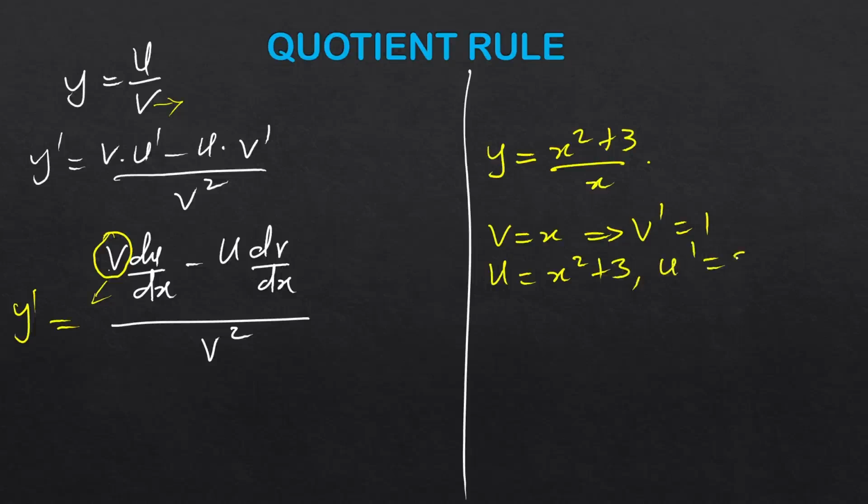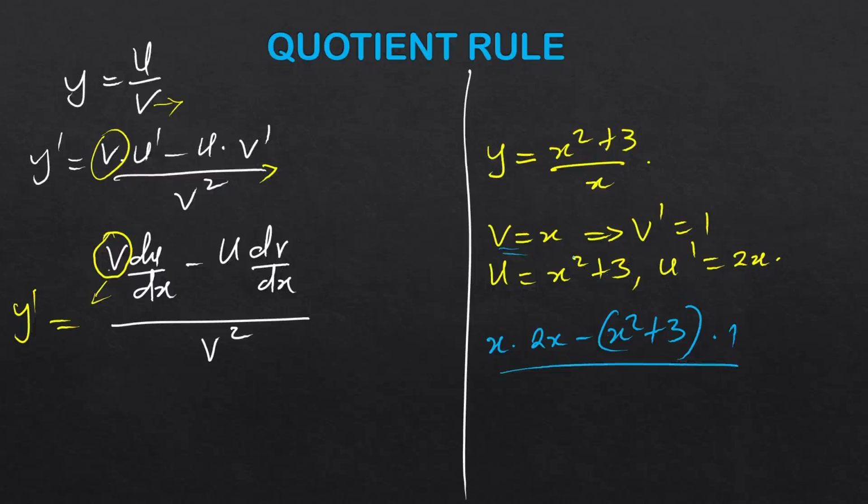Then u prime is just going to be 2x. So we have v, which is x, multiplied by u prime, which is 2x, minus u, which is x squared plus 3 all in brackets, times v prime. What is v prime? v prime is just 1. All divided by v squared. What is v?